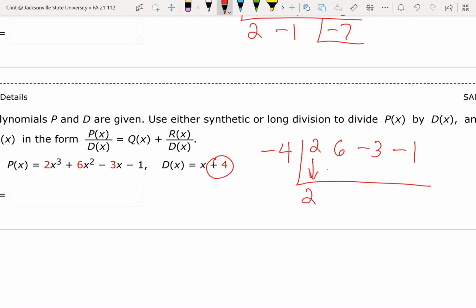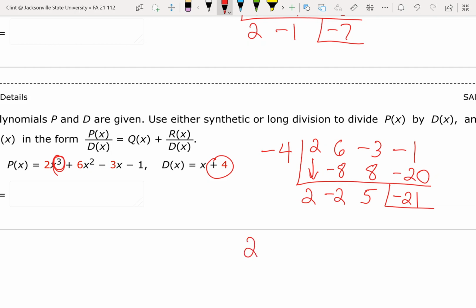2 times -4 is -8. 6 minus 8 is -2. -2 times -4 is +8. -3 plus 8 is 5. 5 times -4 is -20. -1 minus 20 is -21. Since I started with third power, my answer will start with the second power.